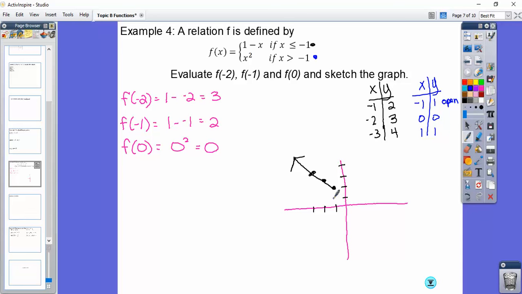So -1, 1 is open, 0, 0. Okay, if you plug in a 1, you've got this point here. If you can't tell what's going on, you could put in another one. If we put in 2, you get out 4. We have this parabola here. So we have a portion of a parabola extending like that.